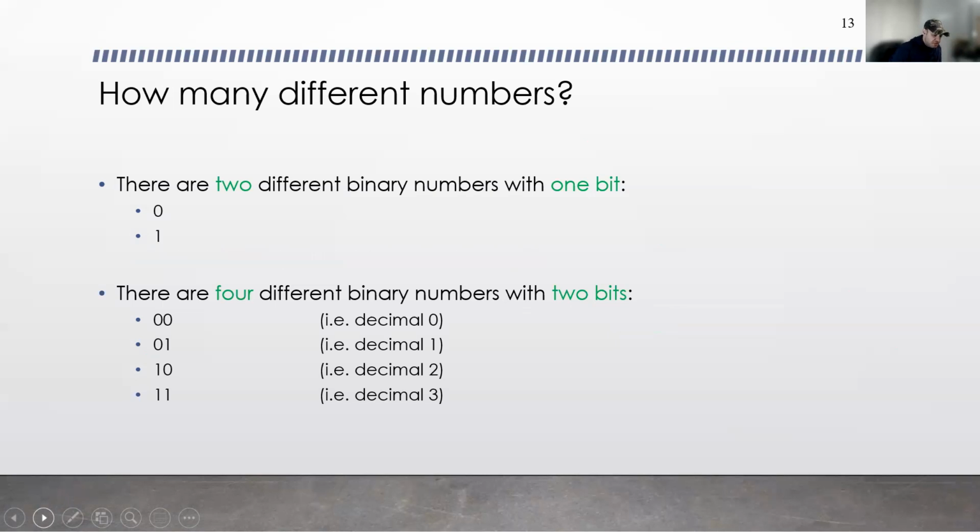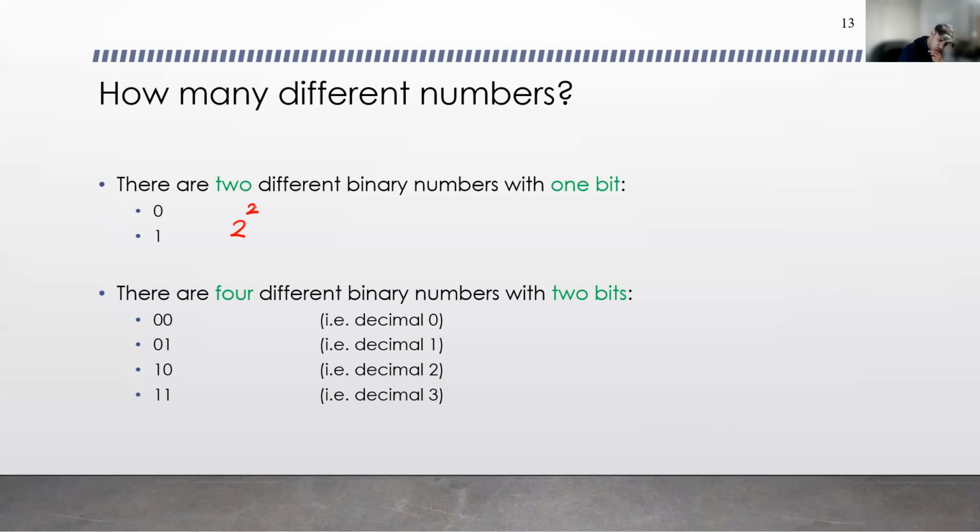Also, another question that you should answer here is how many different numbers you can have from a given number of bits. If you have 2 bits, how many different numbers can we represent? If you have 3 bits, how many numbers can we represent, and so on. It's always 2 to the power of how many bits you have.